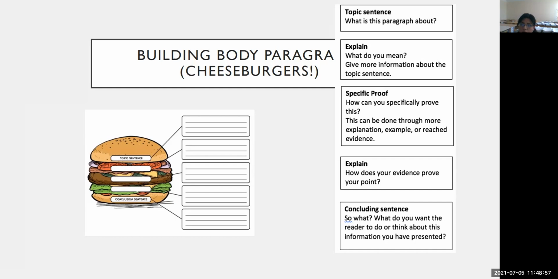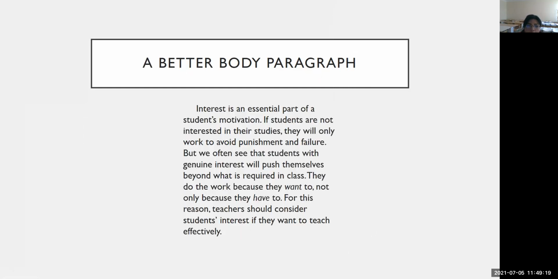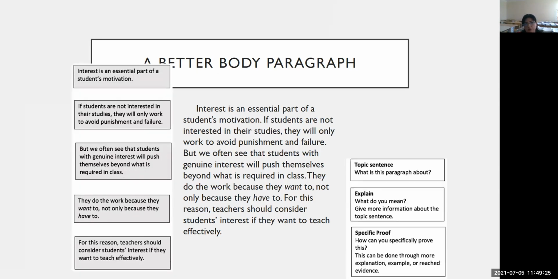And this can be done through more explanation, examples, and enriched evidence. Then we will explain how our evidence proves our point. And in our concluding sentence, we write what we want the reader to do or think about this information we have presented. Let's look at this example paragraph and let's analyze each part of this.